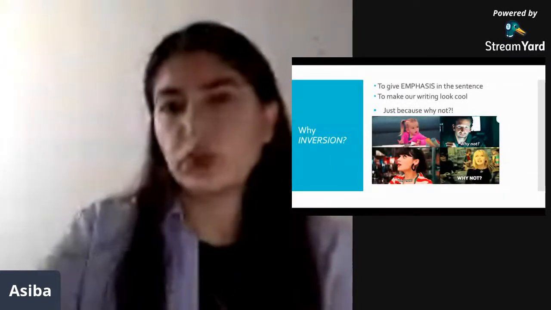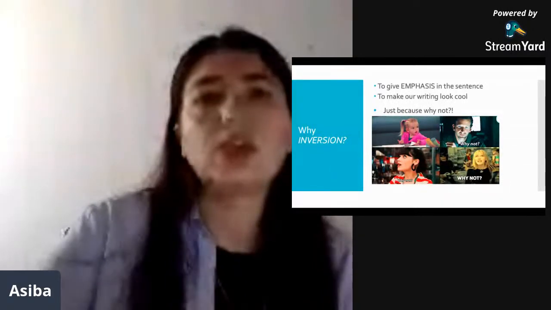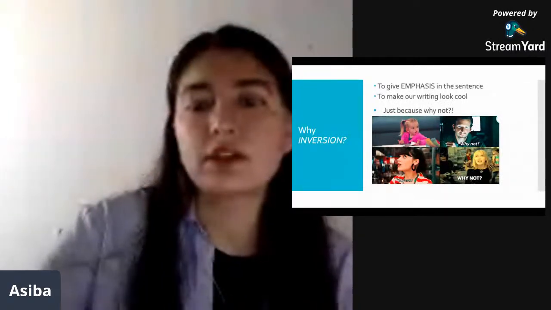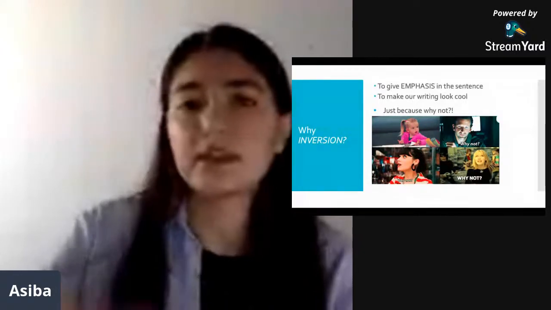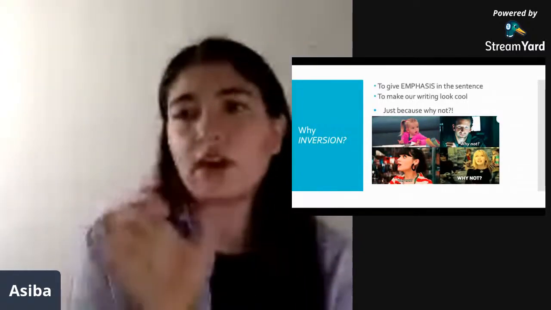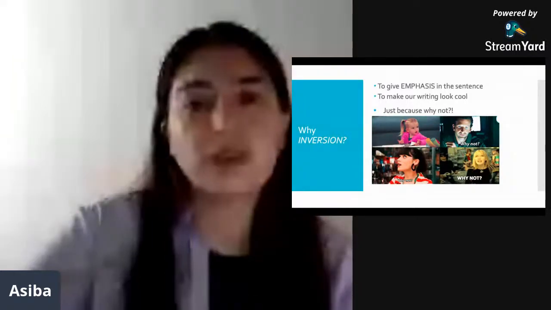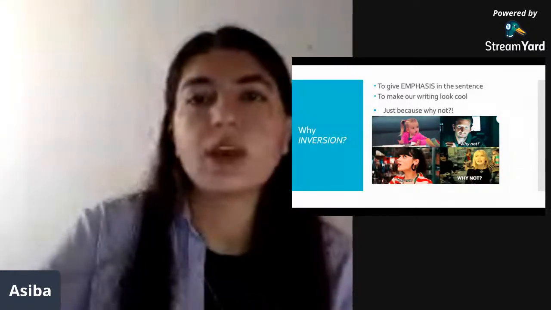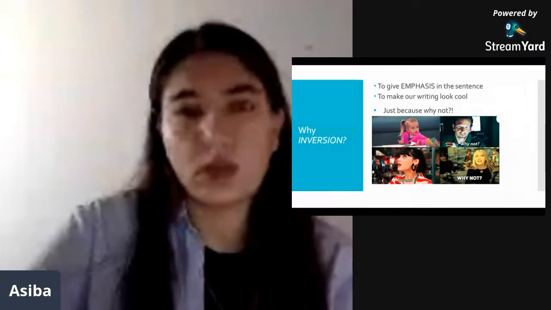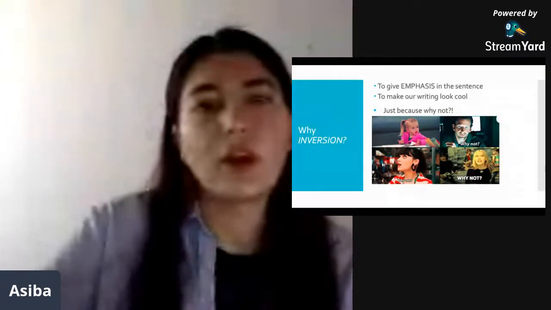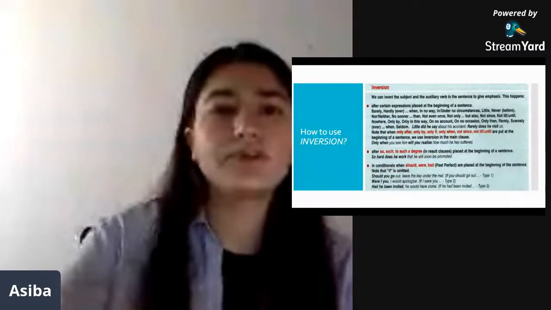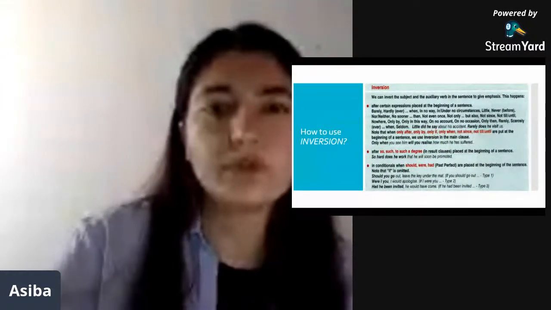Why do we use inversion? Again, to emphasize in the sentence, to give the highlighted part of the sentence, and to make our writing look cool. And why not?